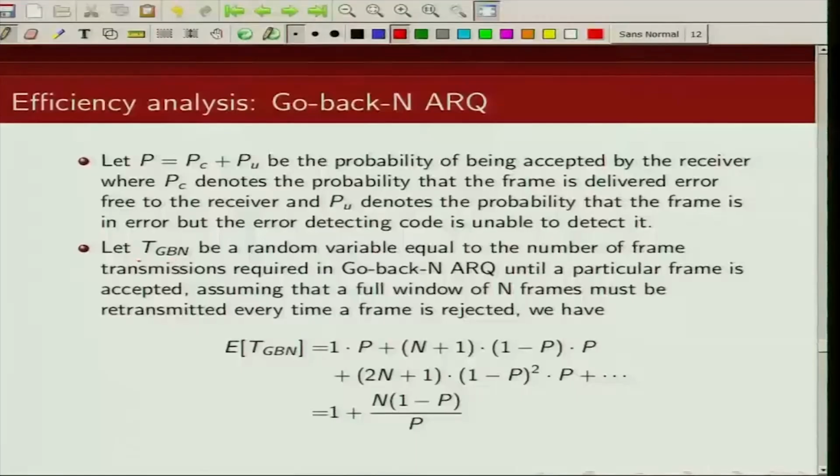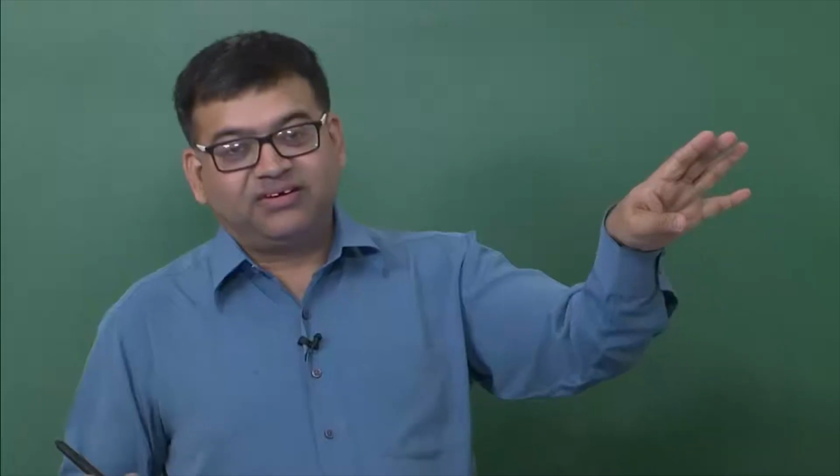So T sub GBN denotes a random variable which is equal to the number of transmissions required in Go-Back-N until a particular frame is accepted. Now we are considering a worst case scenario, and what is that? We are assuming that a full window of N frames must be retransmitted every time a frame is rejected. So we are assuming that the first frame in this window itself is received incorrectly, so we are retransmitting all those packets.